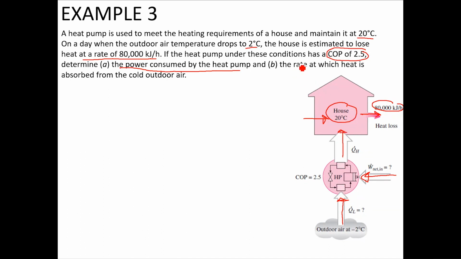There are two things to be determined: the rate at which heat is absorbed from the colder outdoor air, this is QL, and the work net into the system. Do you have any information or understanding how you would find out these two terms?